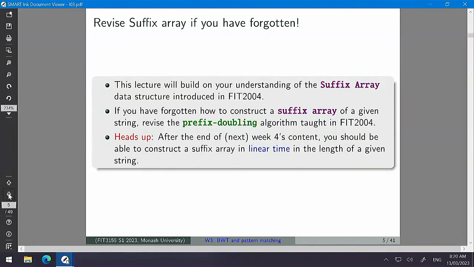Whatever we are discussing in the next 2 weeks will have a relationship. Finally, independent of the suffix tree algorithm, this is not examinable or anything, for all the advanced students who want to think about it, there's a beautiful algorithm by Karkkainen in 2005, 2006. I was in grad school at that time when we were excited when this algorithm came out.